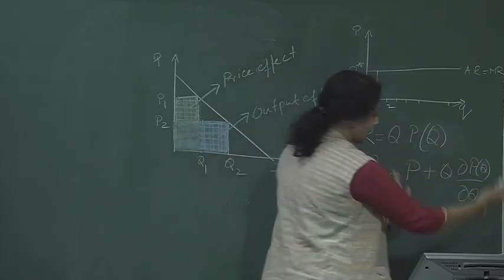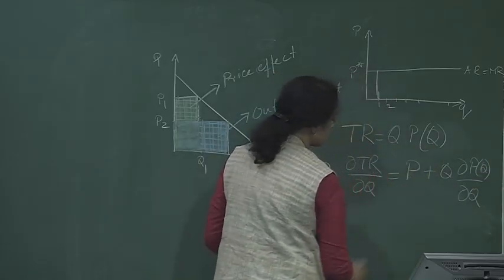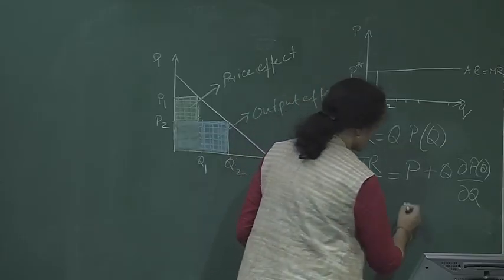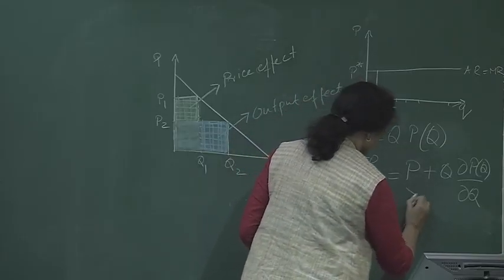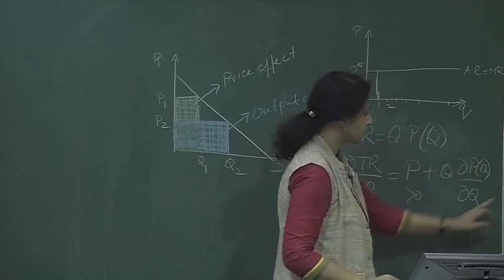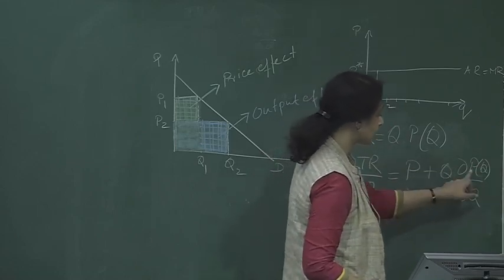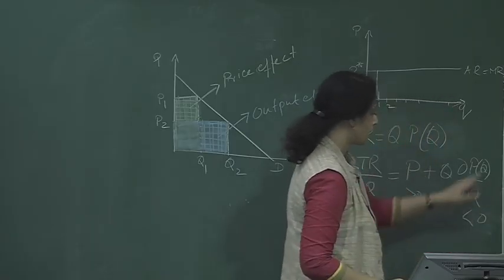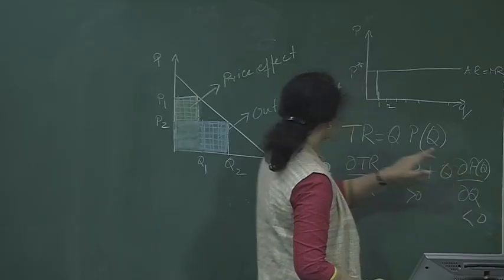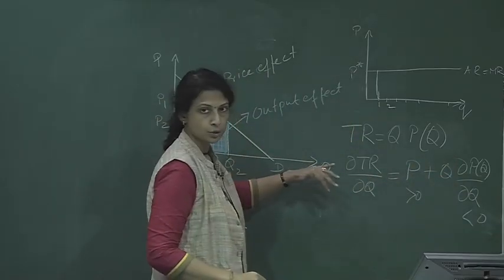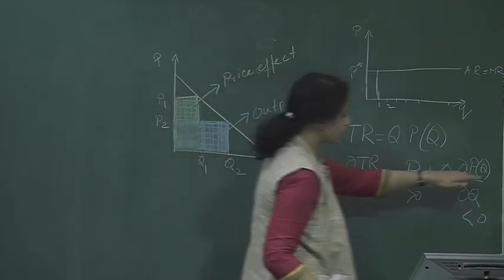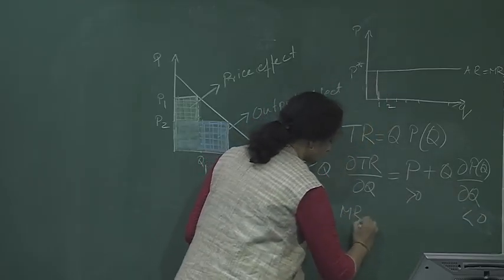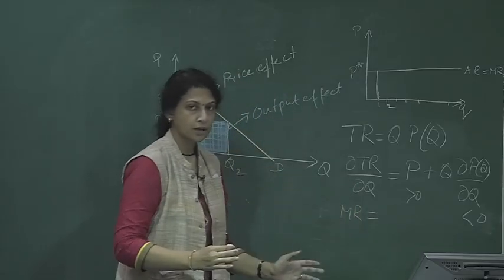Now, in this entire expression, P is always positive. Price cannot be negative, so this is greater than 0. What about this term? Del P del Q is always negative, because the demand curve is negatively sloping. The slope is negative, so the del P del Q term is negative. So, marginal revenue has two parts to it.